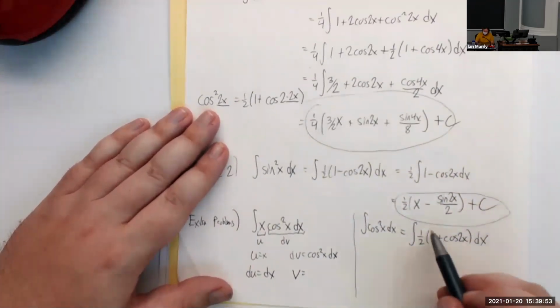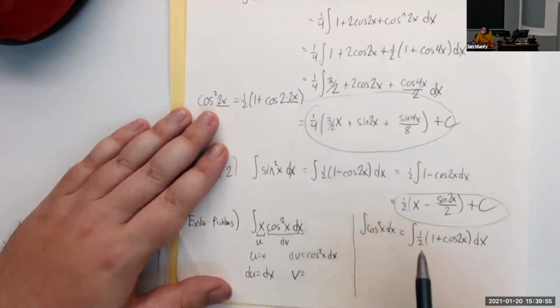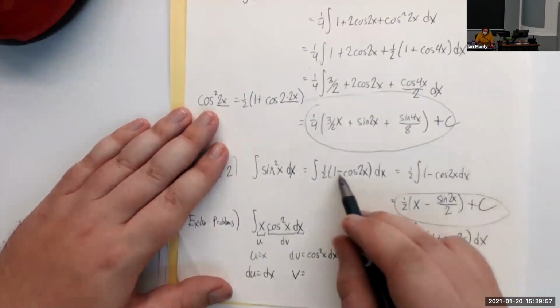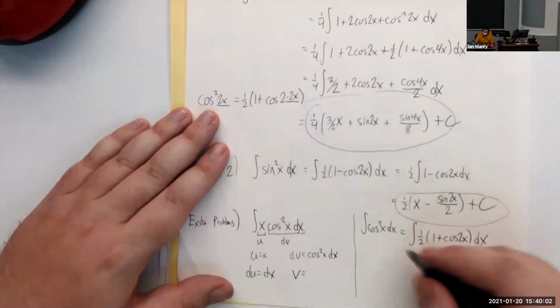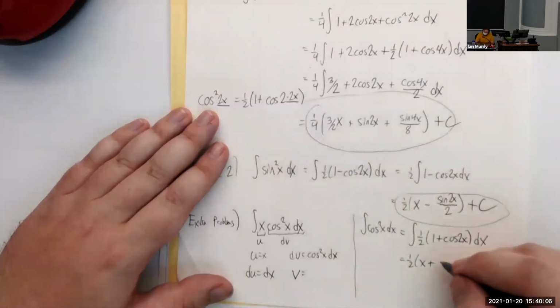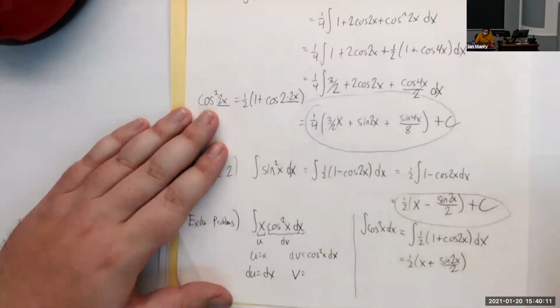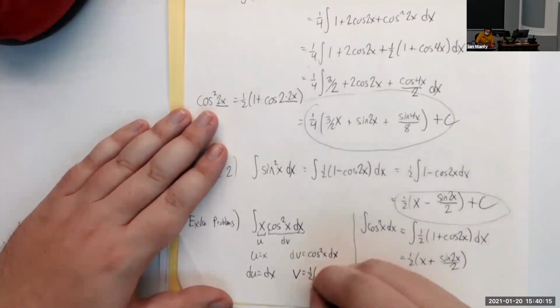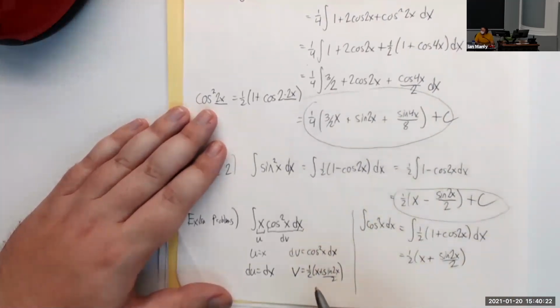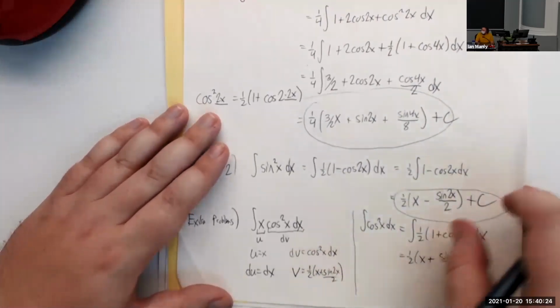This is almost exactly the same as the previous one, except this has a plus and that has a minus. So the answer will be exactly the same, only instead of a minus, we're going to get a plus. And this is exactly what we're going to put right here: x plus sine of 2x over 2. And that's going to be our v for this one.